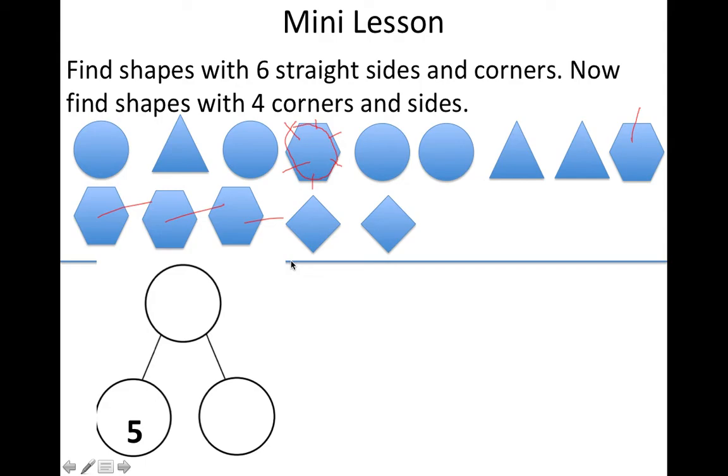Now I have to find a shape with 4 corners. We already know the triangle cannot have 4 corners because we counted it only has 3. So let's do it again. I believe it's this one. What's the name of this shape? Can someone please raise their hand and tell me the name of this shape? Cartier.